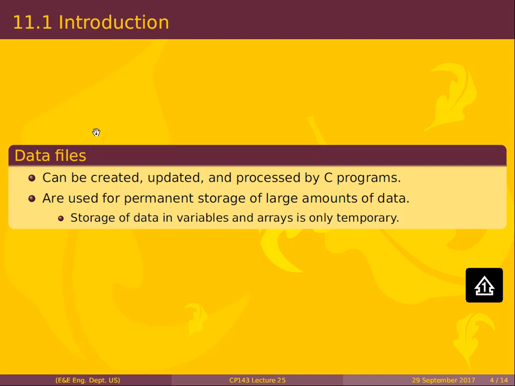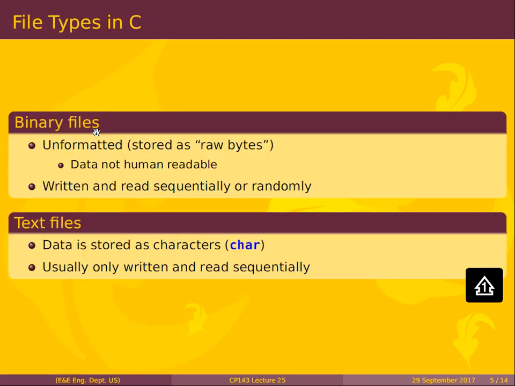As the storage of data in variables and arrays is only temporary, because this information that sits in your program in form of variables and arrays and things like that, that is only in RAM, and that's volatile. So you use files when you want to transfer information into a permanent storage medium on your computer, which is the hard disk. So, as I said, there are two types.